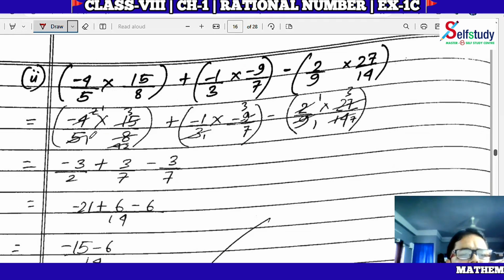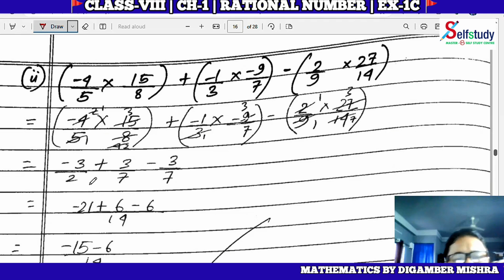So -4/5 into 15/8, so 5 3s are 15, 4 2s are 8, -3/2 plus 3/7, and here 2 7s are 14, 3s are cut. You can see the answer.